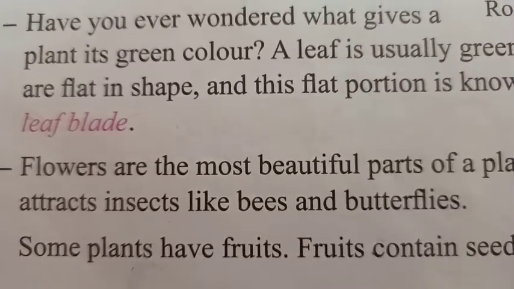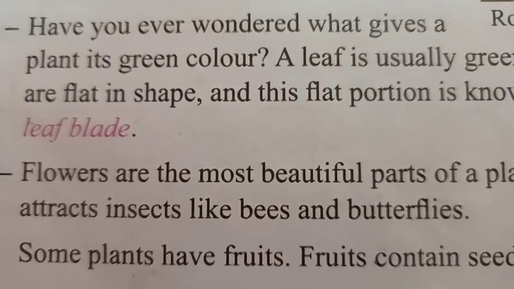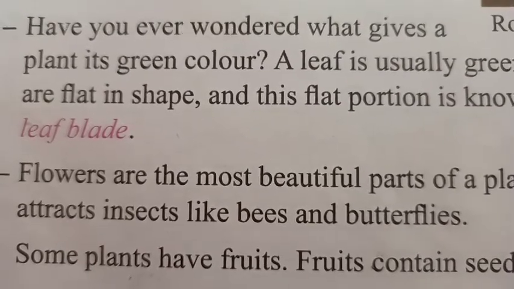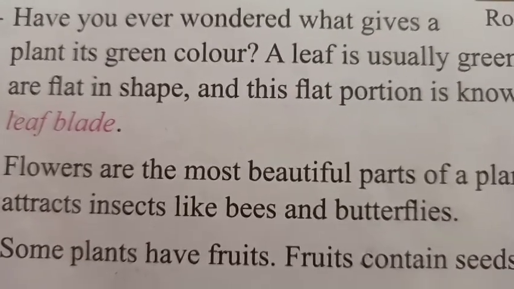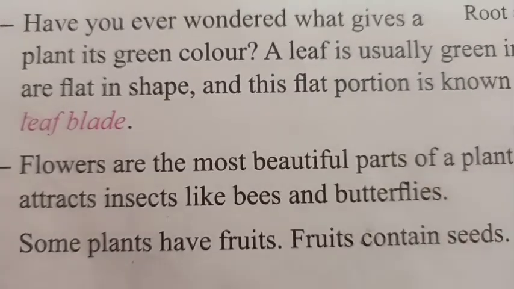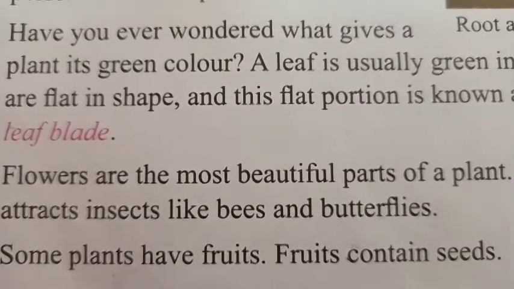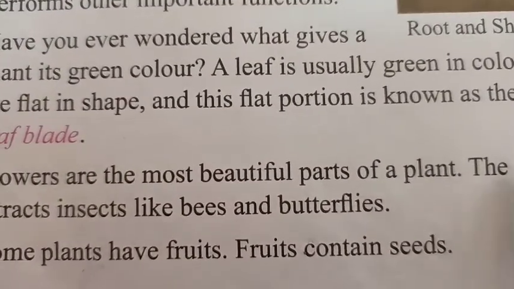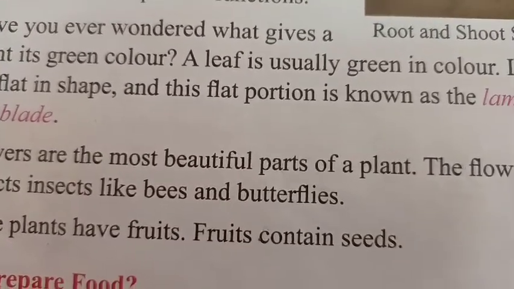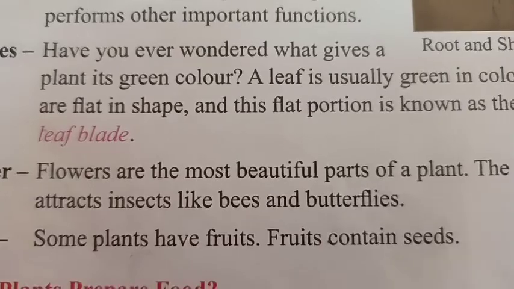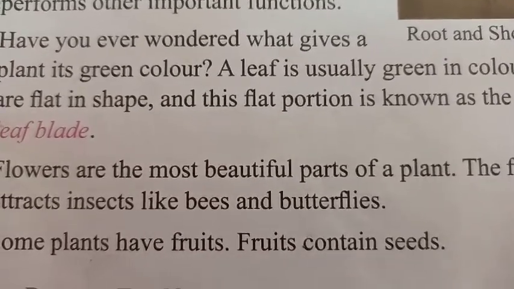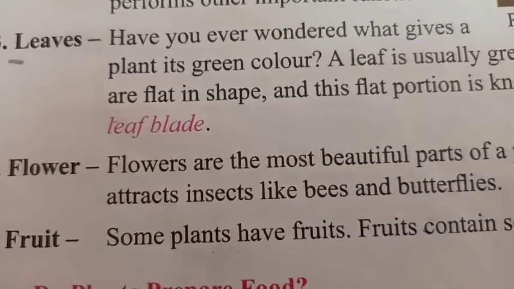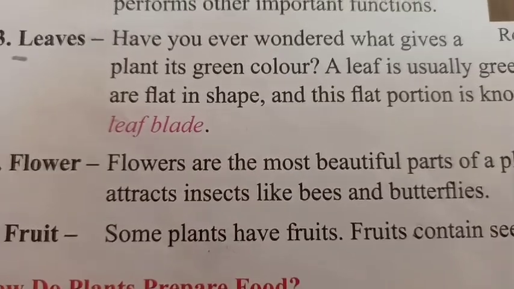When bees or butterflies sit on the parts of a flower, they transfer pollen grains from one flower to another. That process is called pollination. So flowers are beautiful and attractive because they perform an important function like pollination, so that they can attract the bees or other insects.